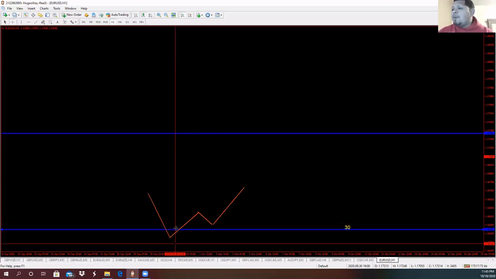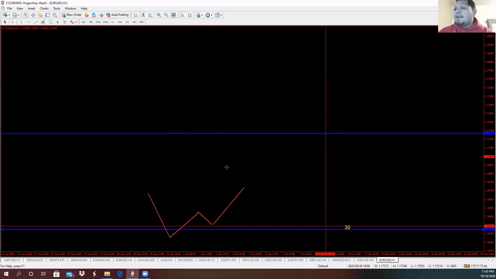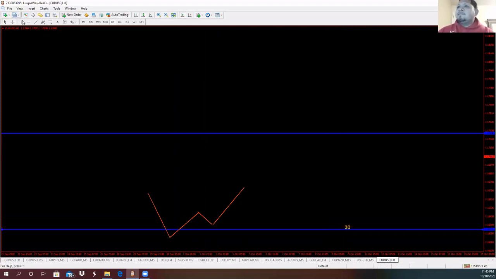My first low, I wanted to hit my 30 on the RSI. And when I see a low and a higher low on the RSI, I want price to show me a low and a lower low.